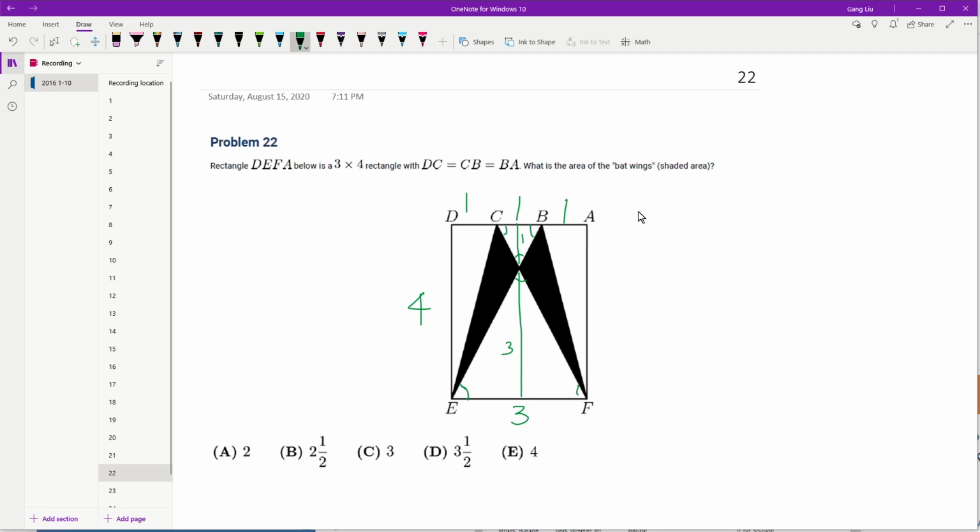The rectangle is 3 multiplied by 4, minus this right triangle, which is 1/2 times 1 multiplied by 4.